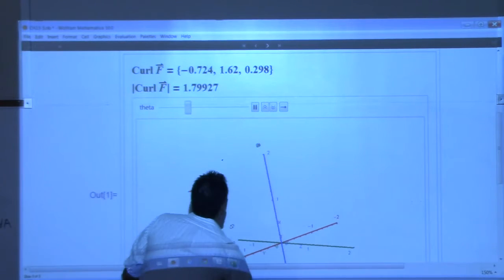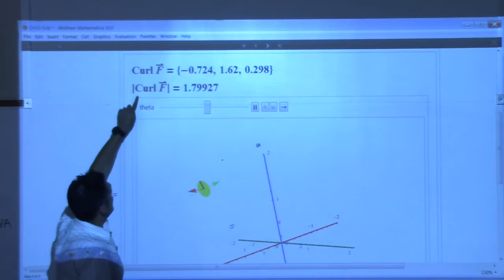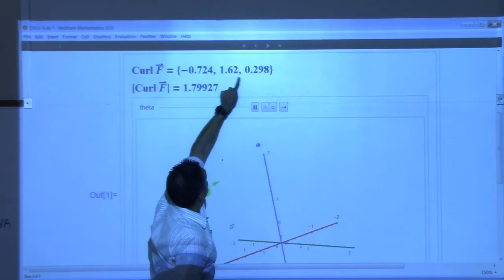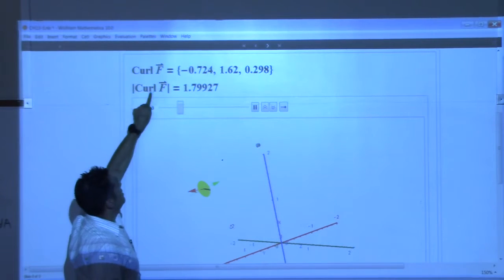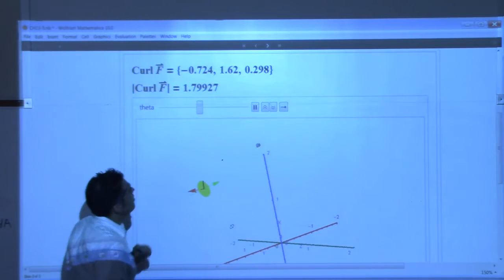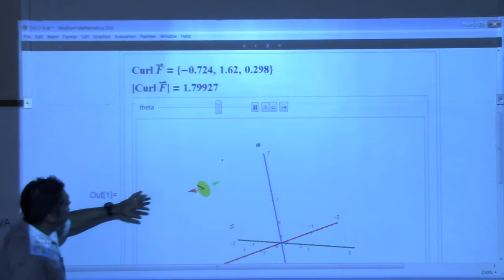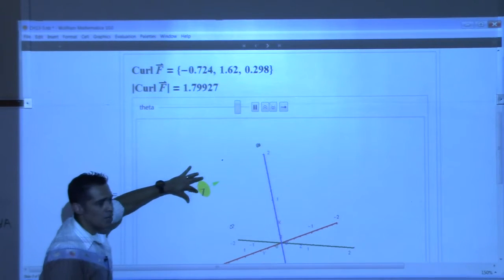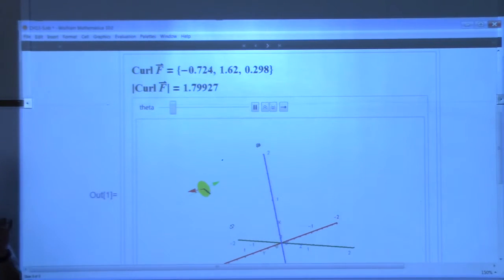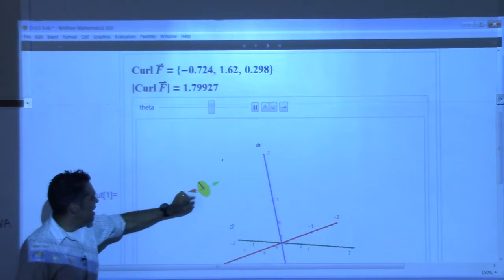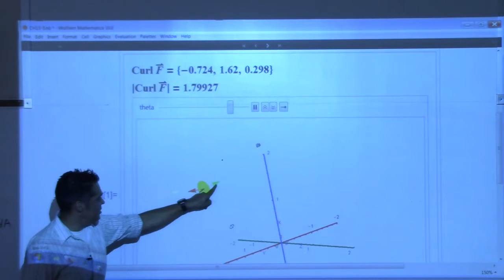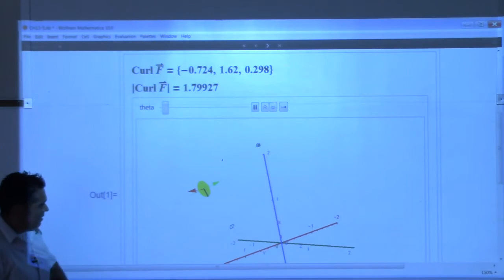Right now I have the computer calculating my curl vector, which is the green one, and the length of the curl vector, which right now is 1.799. And I want you to notice how fast this wheel is turning. If you were a molecule, you're moving in the direction of the red, but you're rotating on an axis of rotation with the green, and you're rotating pretty fast.